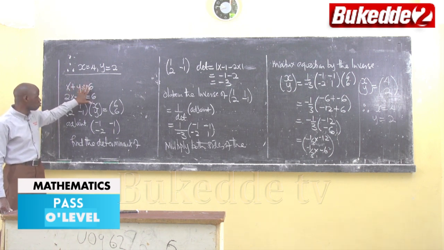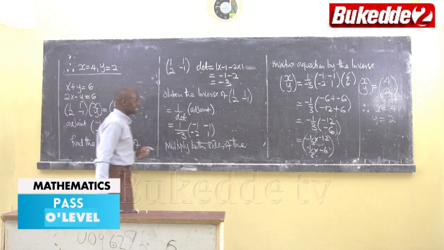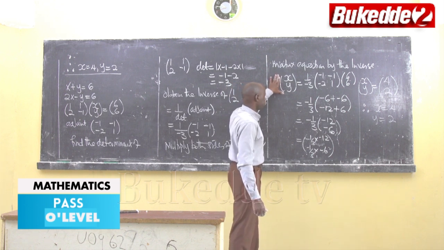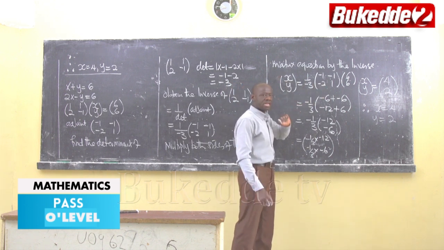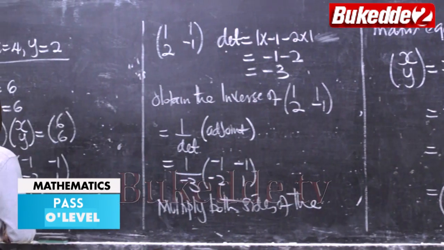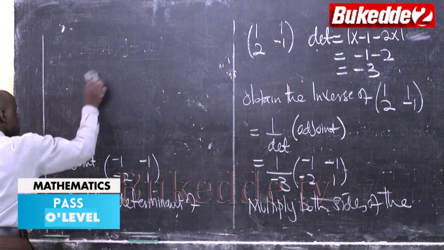Now, if they hold true, then that's okay. Now, you can ask yourself, why have I not multiplied here by the inverse? I have done that, but I'm using the fact that a matrix multiplied by its inverse gives us the identity matrix.